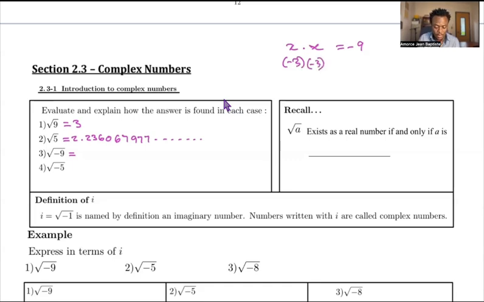Well, I would expect this to be +9 because a number times itself would be positive anyways. And if it was +3, it would still be 9. So that makes the radical of -9 not a real number.